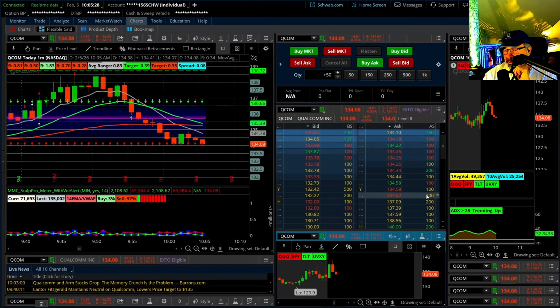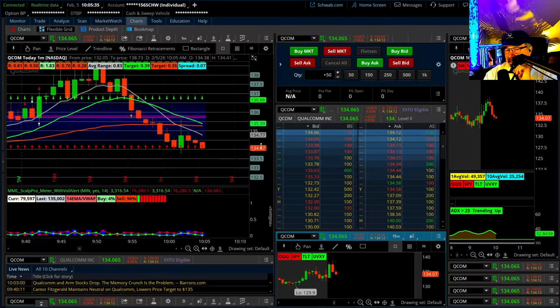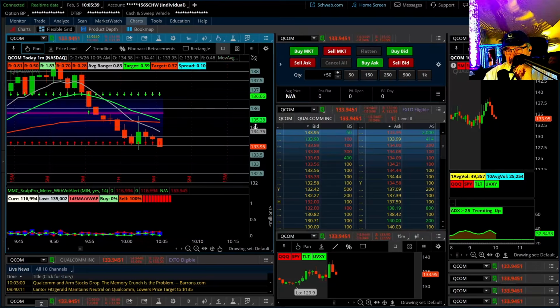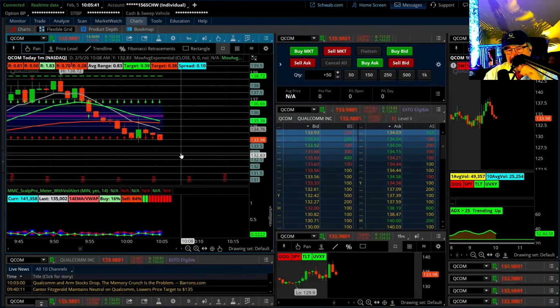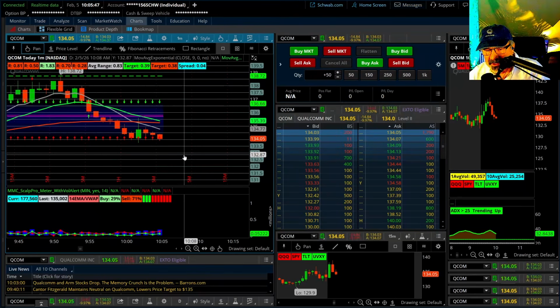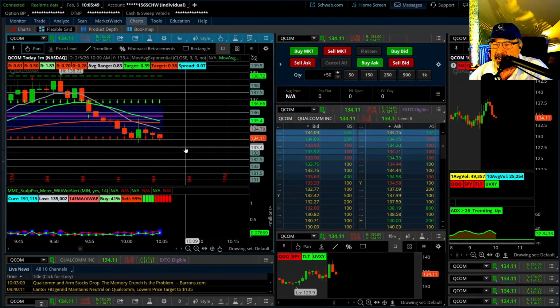Get off those 200 shares. So I can do about the same amount of shares on this as I could have on NVIDIA without having to worry about margin. But I couldn't hold them both into the overnight move if I got stuck, you know. So now I have more parameters.